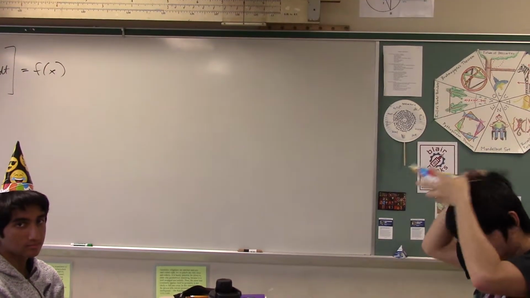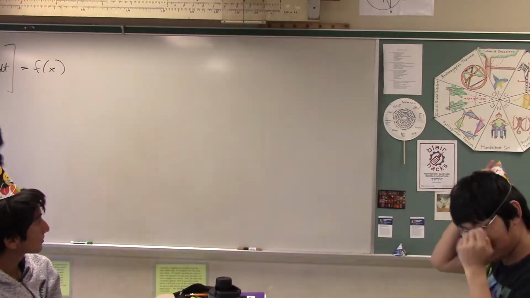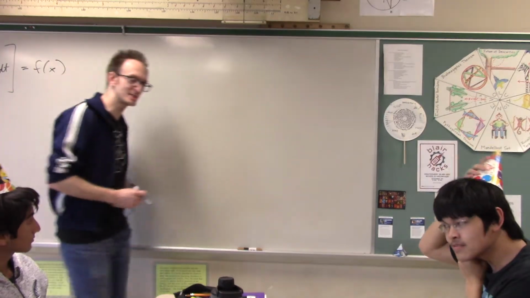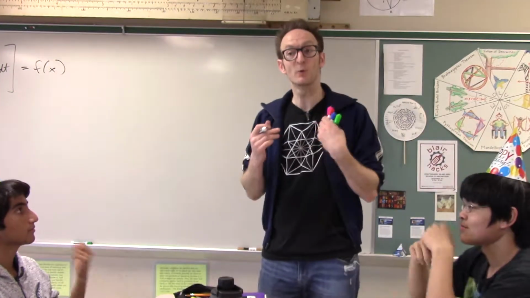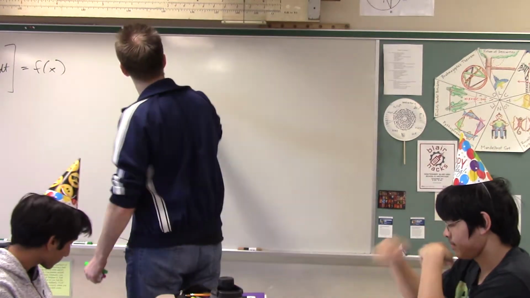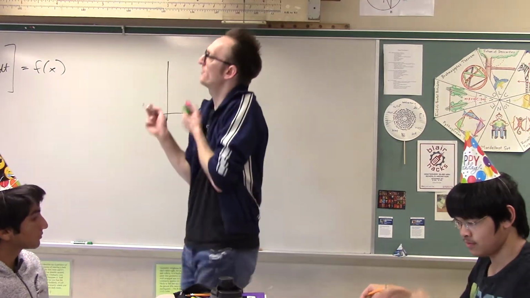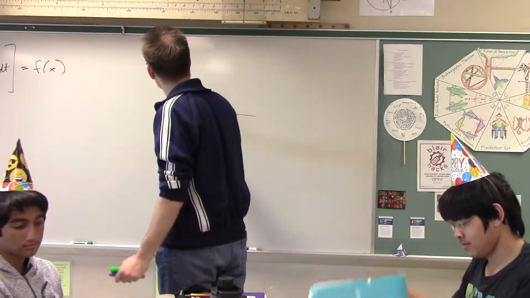Good. So, one way to think about the fundamental theorem of calculus, which makes it really, really obvious what's going on, is to draw a picture of an accumulator function. Well, what is an accumulator function?